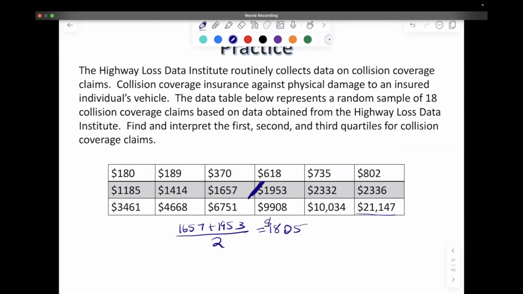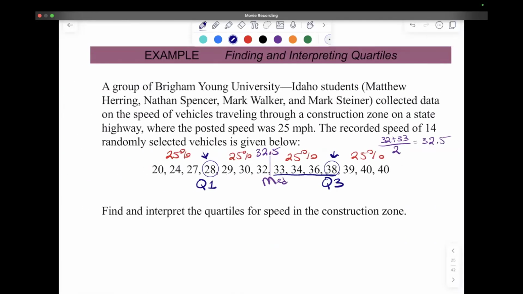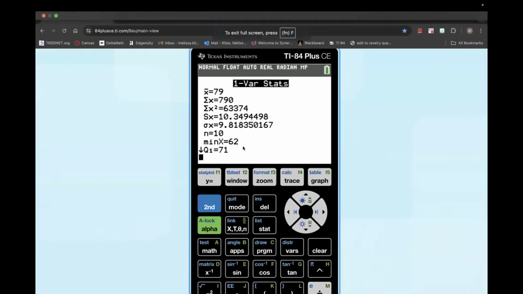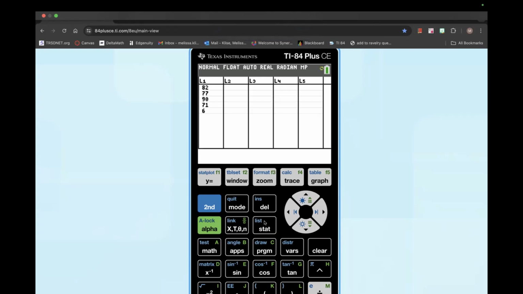I'm going to stop here, put a pin in this one because I forgot to show you the calculator functions. So hold on, let's go back here. Because this is only 14 data values, we're going to go back to our calculator. Let's put these into the calculator. I'm going to go to stat again and edit. So hit stat, edit.